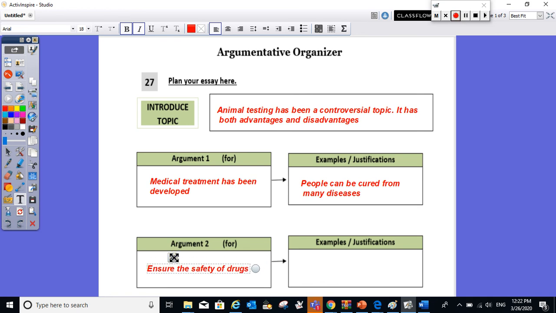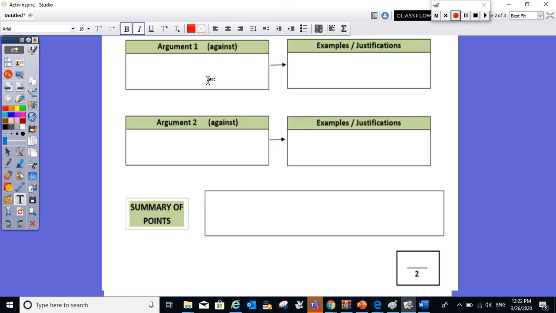So before trying it on people, you will try it on animals. So if it is not safe, it will not get into market. So unsafe drugs will never be sold, will never get into market. Okay, so 2 arguments for and 2 arguments against.